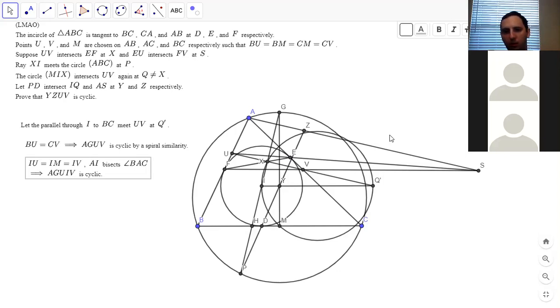If you define it as the intersection of IG and UV, then we see that IX times IG equals IF squared. Okay. And does that prove that X lies on EF? I'm confused, wait. Yeah.